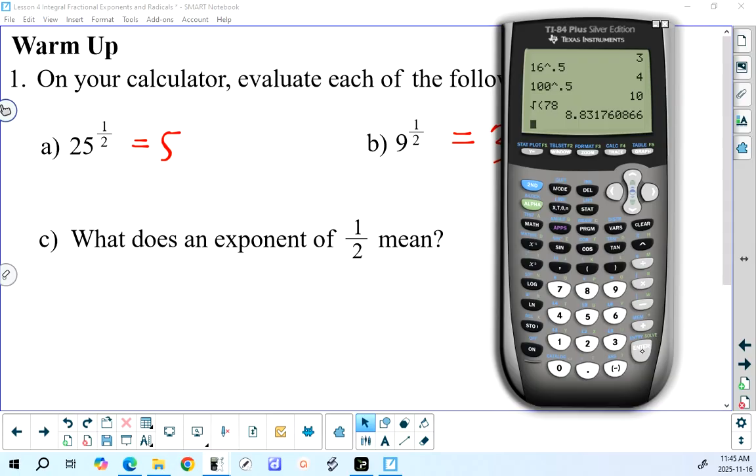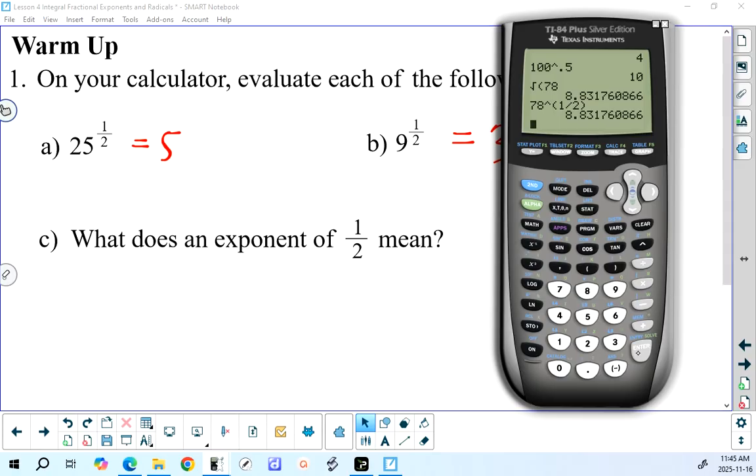These decimals are going to go on and on forever without any repetition of single decimals or groups of decimals. But let's try now 78 raised to the, in brackets, 1 divided by 2. You get the same set of decimals.